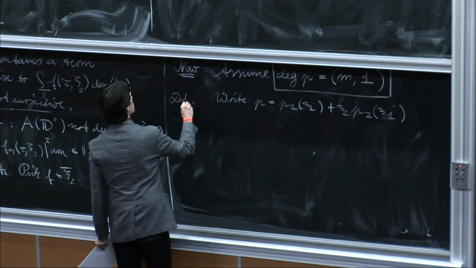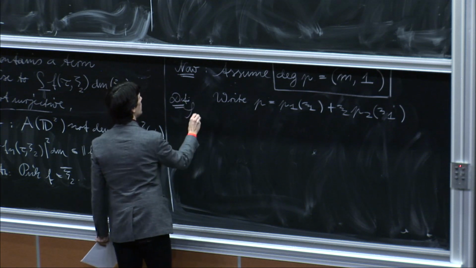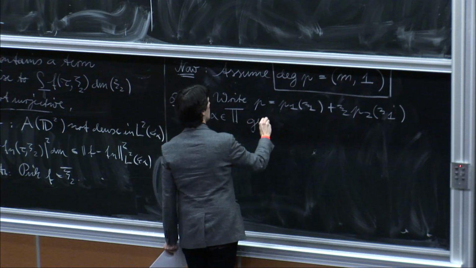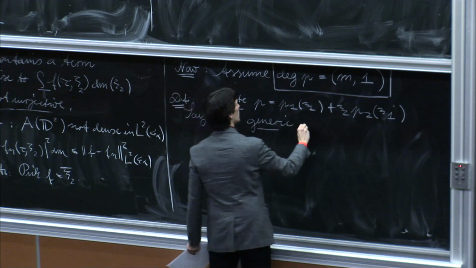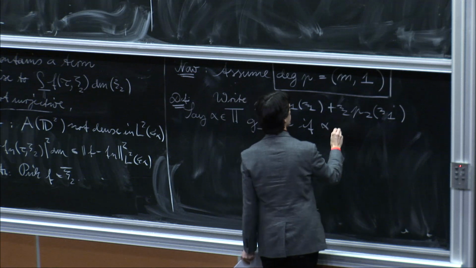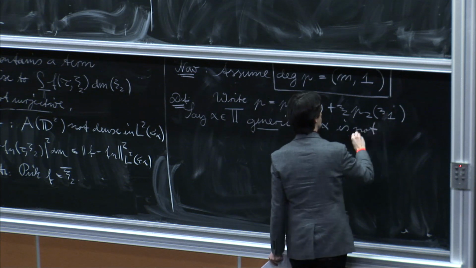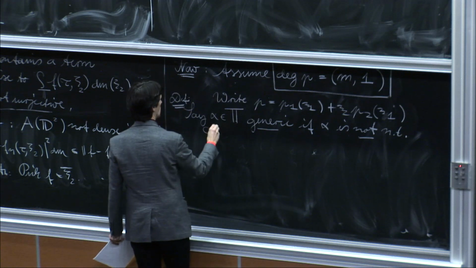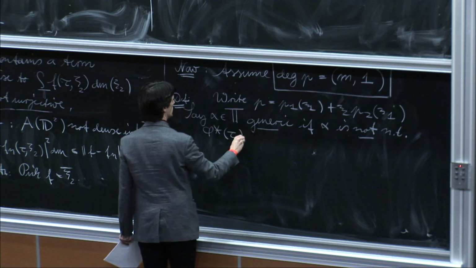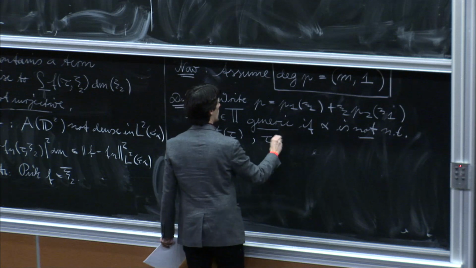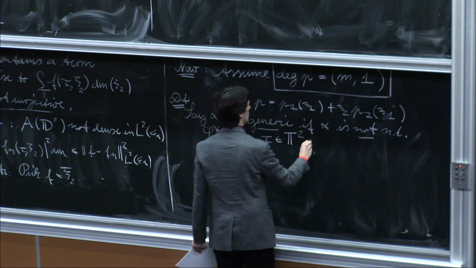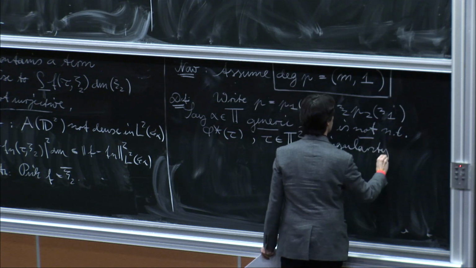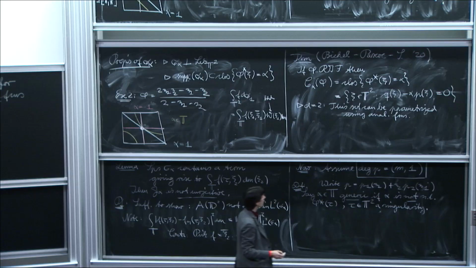One more definition, and then it's time to state the theorem. We say that alpha is a generic parameter if alpha is not the non-tangential value at some singularity of phi.